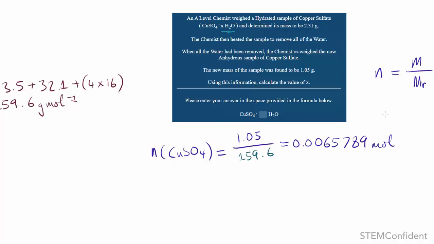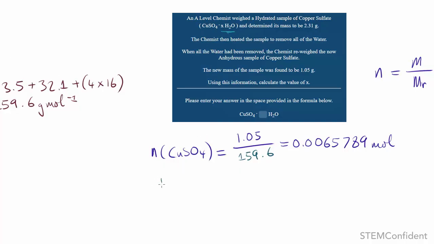Now, we also need to work out the moles that would be associated with the H2O, right? And we're not explicitly given the mass of the H2O, but we are told that the hydrated sample has a certain mass and the anhydrous sample has a certain mass, so we can infer from that the difference is the mass of the H2O.